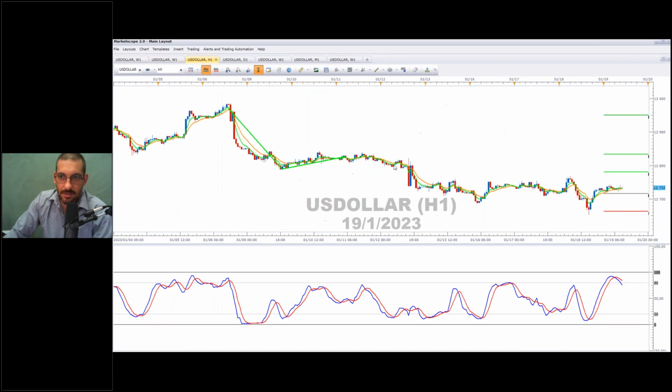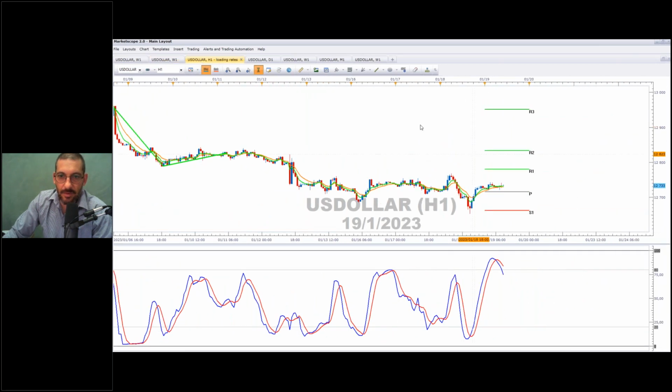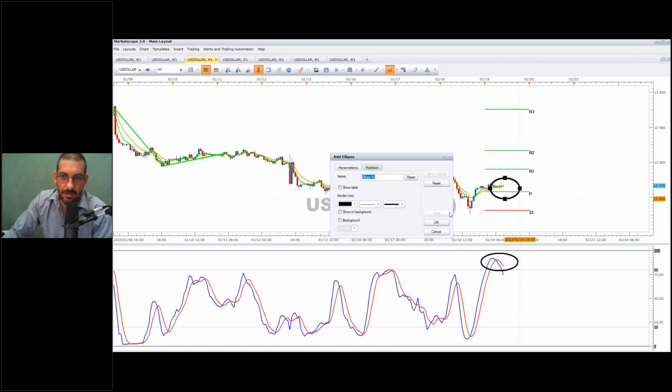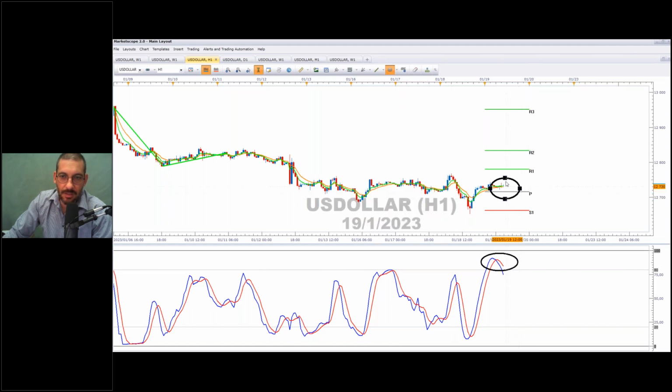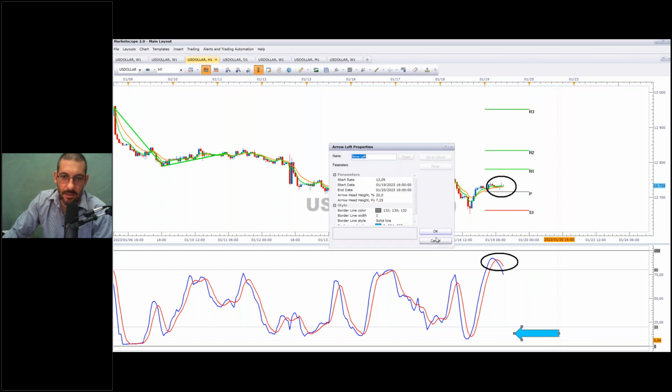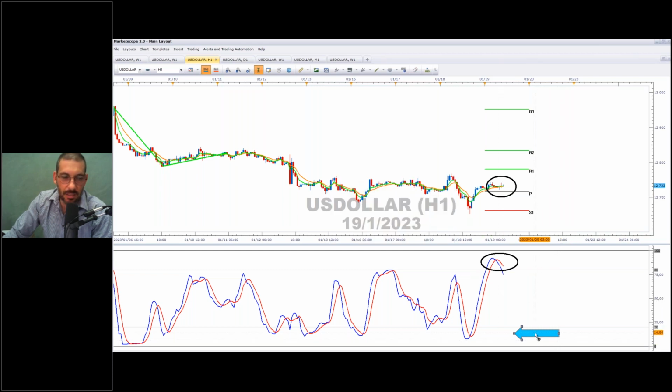Let's go down to the hourly, and we've got trigger 1. It would be worth taking a look at trigger 2, and if we get trigger 1, trigger 2, we would have to get down to the lower quintile and then get the next leg down.